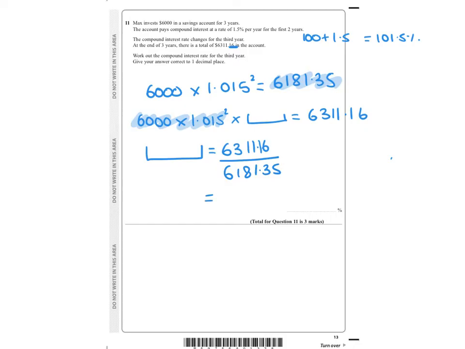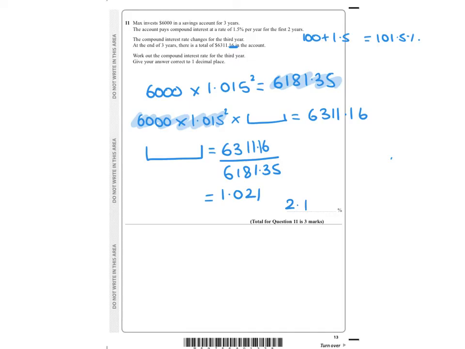That's going to give me 1.021. Okay, so 1.021. Now when I look at this, I've got 1.015, and I knew that was 1.5%. 1.021, I know that's going to be 2.1%.